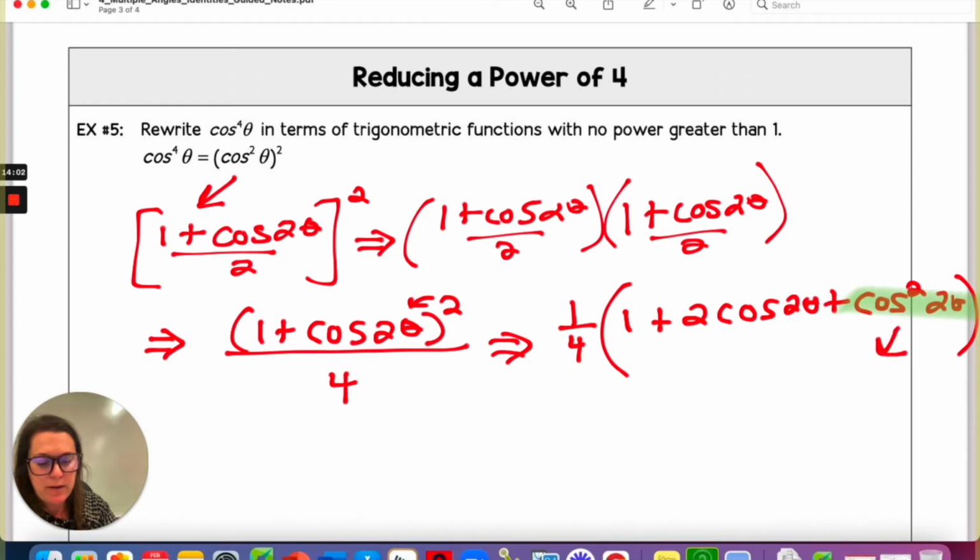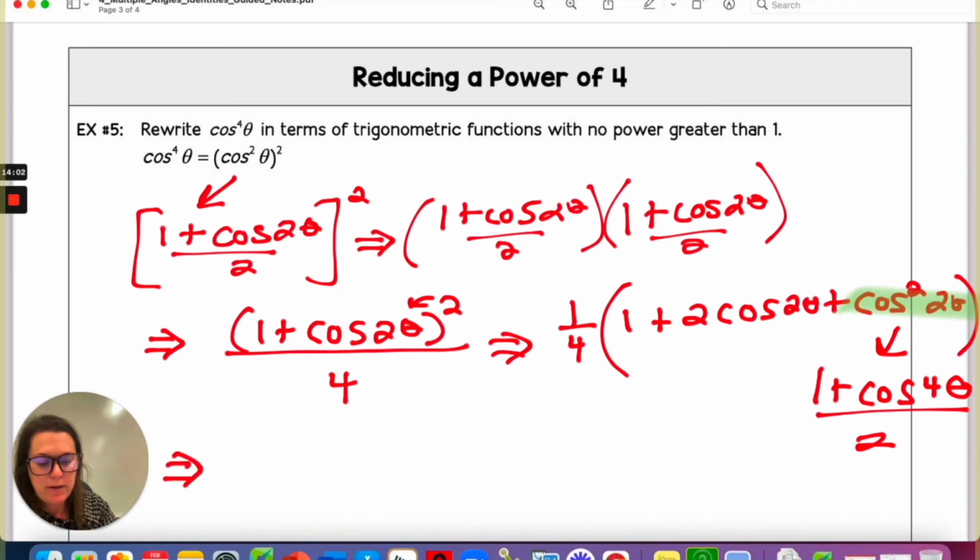So this is the same as 1 plus cosine, using my power reducing formula, cosine 2 theta, but I already have a 2 theta there, so I'm going to double what's already there, which makes it 4 theta all over 2. Okay, everybody see that?